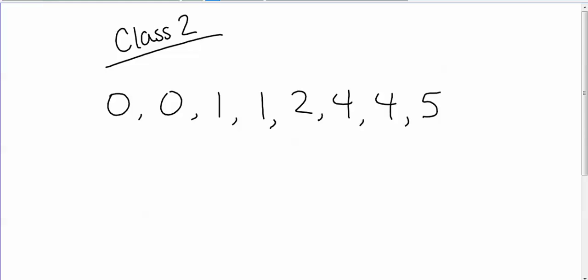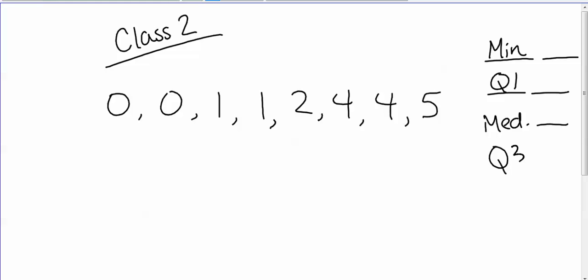Our 5-number summary involves our minimum, our Q1, I'm going to write median next, Q3, and our maximum. Again, this is a 5-number summary.